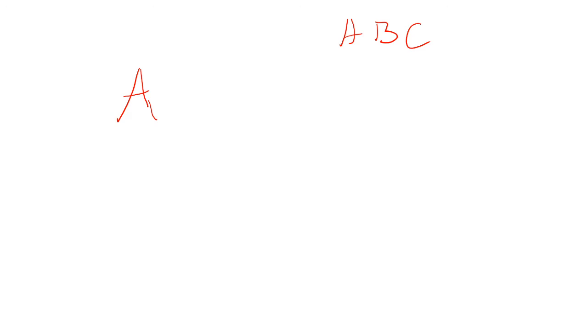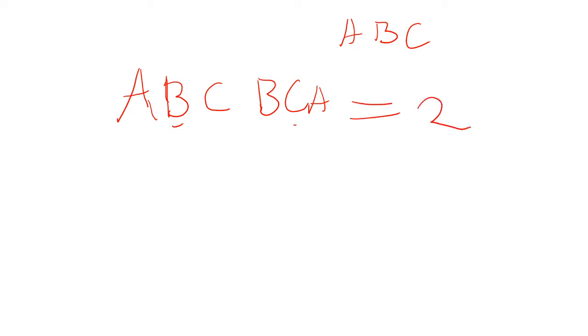So we cannot repeat a letter at all. We start with ABC. That's our first word. We can maybe do BCA. In permutations, these are two different counts. So we obviously have 2.